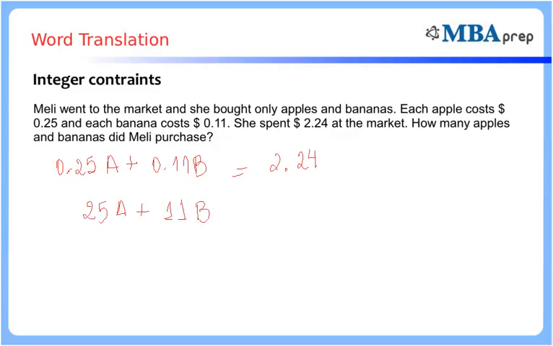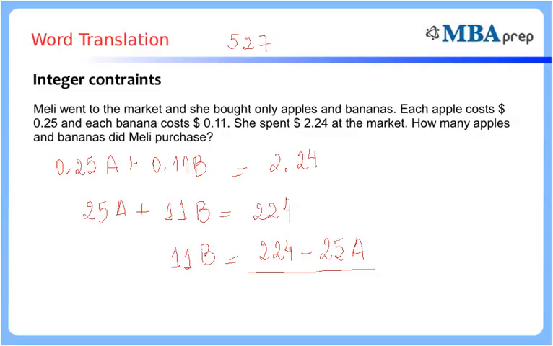Just multiply it by 100. Then I'm going to write like this: 11b equals, then I should know that on this side I should have a multiple of 11. And a multiple of 11 might be found like this. For instance, a random number, 527.